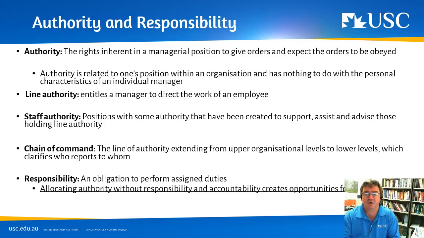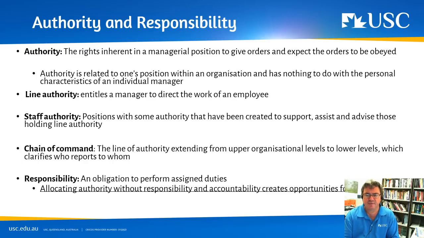Line authority entitles a manager to direct the work of an employee. So what that means is, if we're talking in a hierarchy where someone is my manager, that means they have line authority over me. They'll supervise my work. They'll check to make sure it's okay. They'll direct me to complete certain tasks, and they'll have the authority to do that.